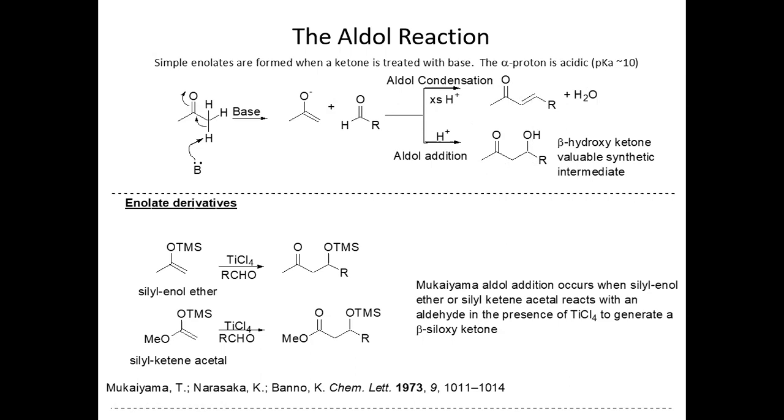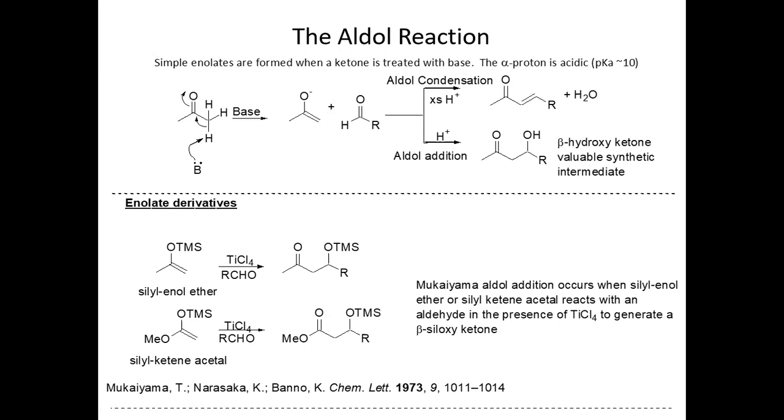So one of the first examples of the aldol using asymmetric catalysis, or synthesizing the beta hydroxy ketone with the OH group as a stereocenter, was done by Mukaiyama. And you can see the date on that, 1973, a long time ago.